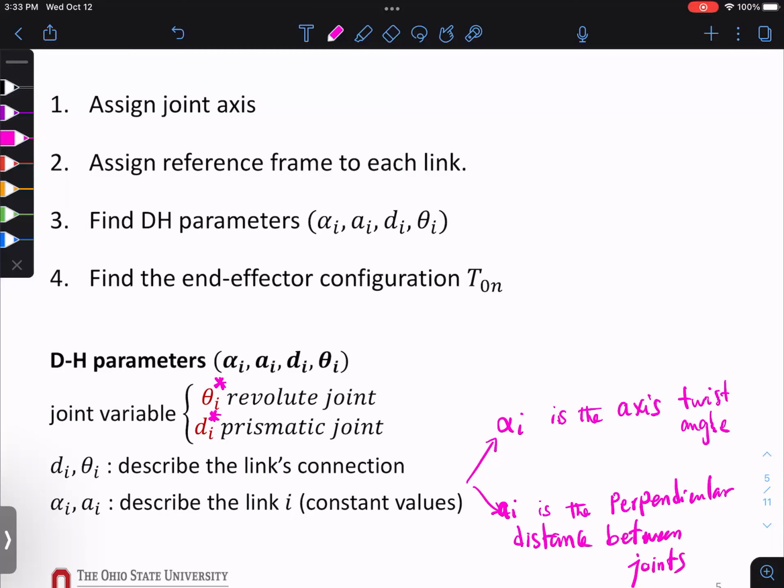So they both describe the configuration of your robot: how the axes are angled or twisted, and how far they are from each other. If you have that information, you know exactly the configuration of your robot. So you have to provide this information to the solution.